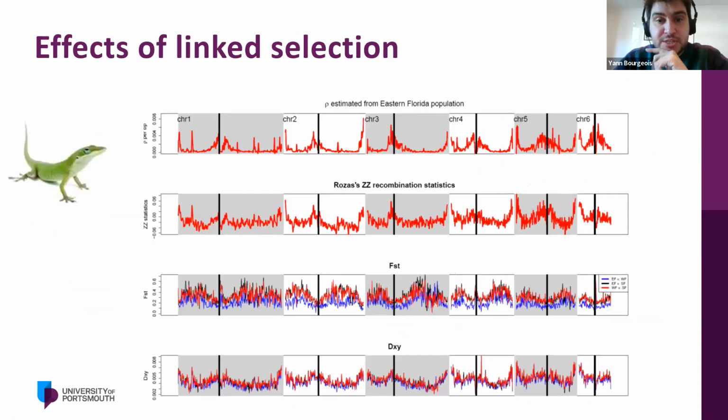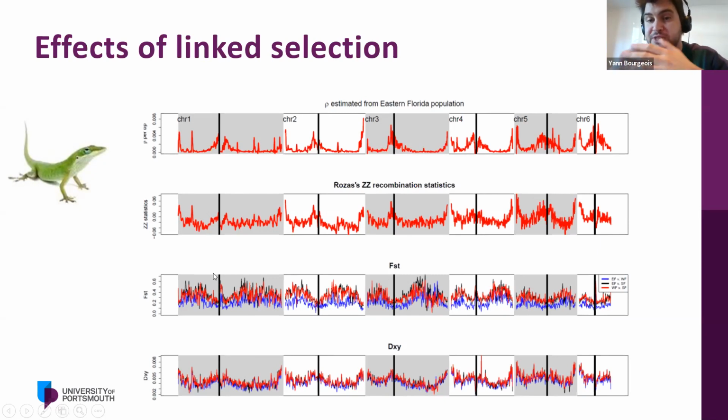What's also interesting is that you can clearly see the impact of what is called linked selection on genetic diversity. So the first panel here shows you an estimate of the recombination rate along the 6 chromosomes of the green anole. What you can see at the bottom is a statistic that measures diversity along those chromosomes, and you can see that they match quite well. So where you have high recombination rates, you tend to see more diversity at SNPs, and where you have low recombination rates, you see much less diversity.